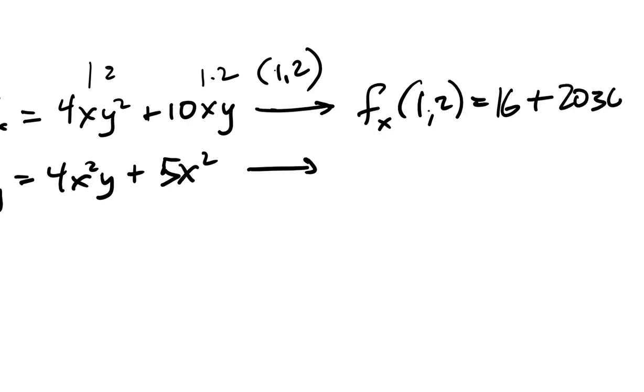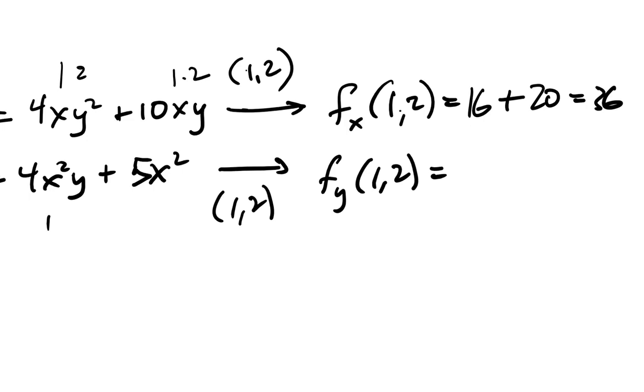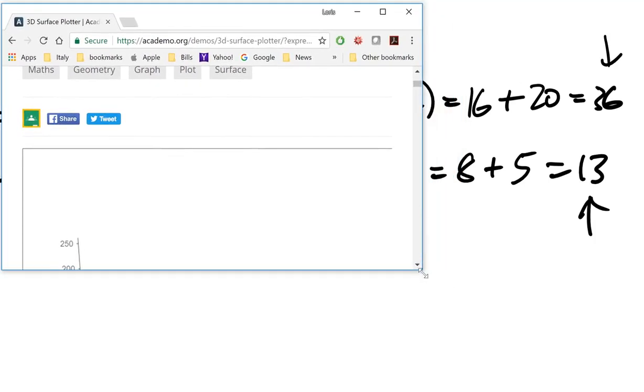So it's 36. So this is equal to 36. And then let's do the same thing for f sub y at 1 comma 2. I plug in 1, plug in 2, I'm going to get 8 plus 5. So it's 13. So in the y direction, it's smaller than in the x direction, and that's exactly what we figured out.